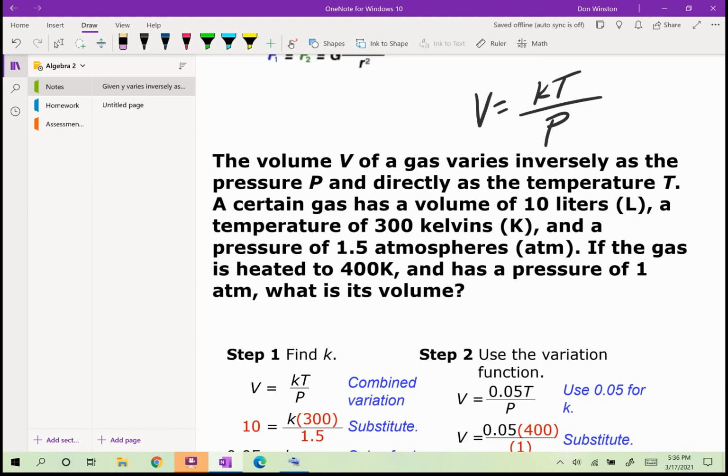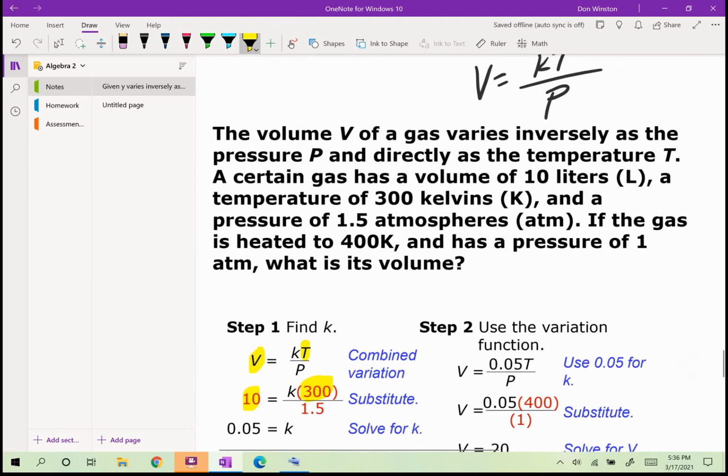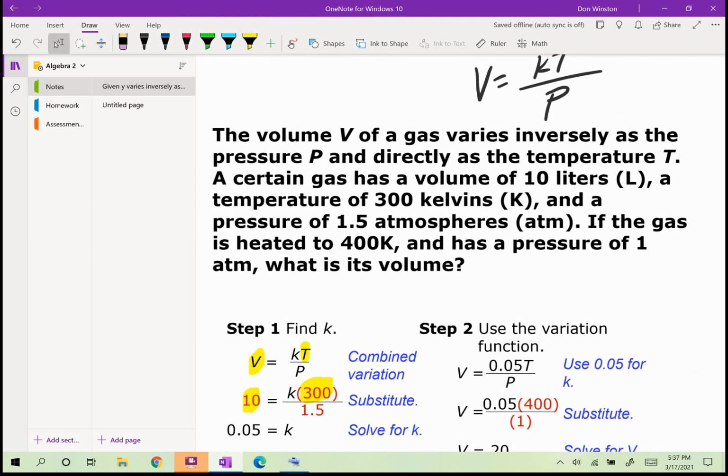A certain gas has a volume of 10 liters. So V is equal to 10. We're just substituting here. A temperature of 300 kelvins, so the temperature is 300. And a pressure of 1.5 atmospheres.